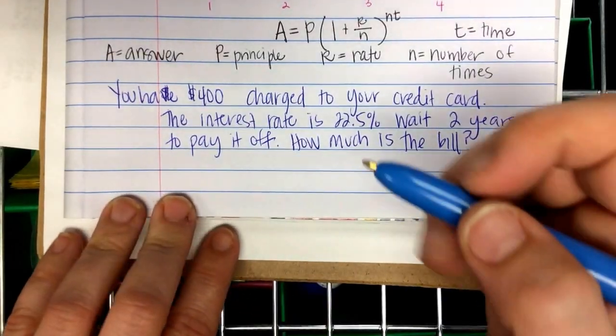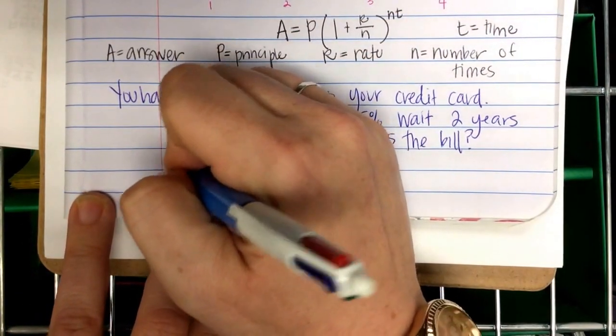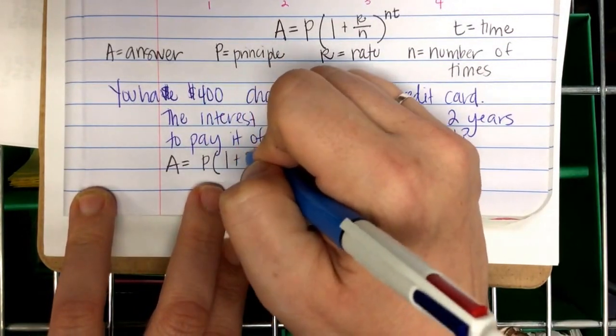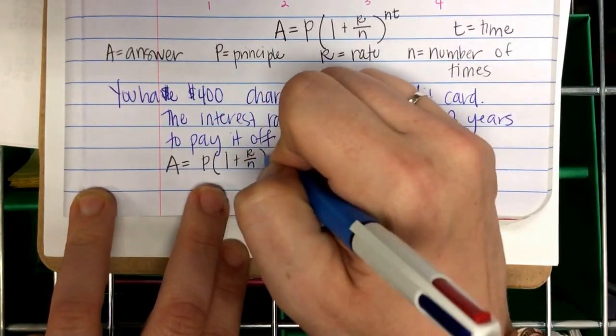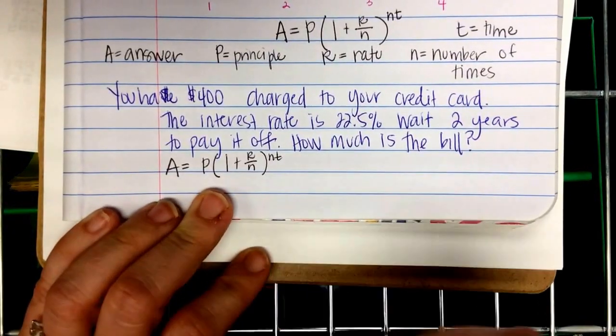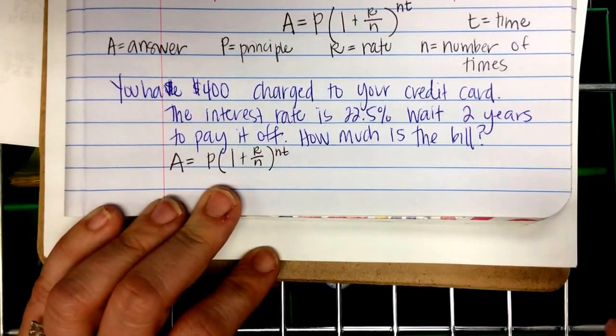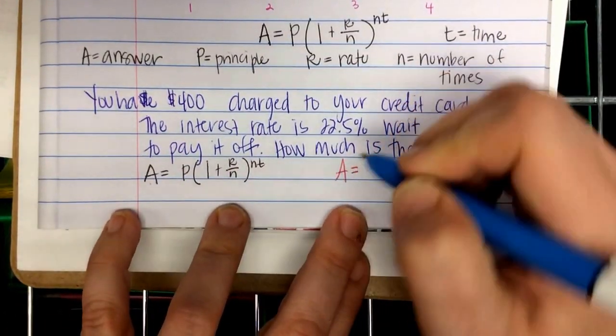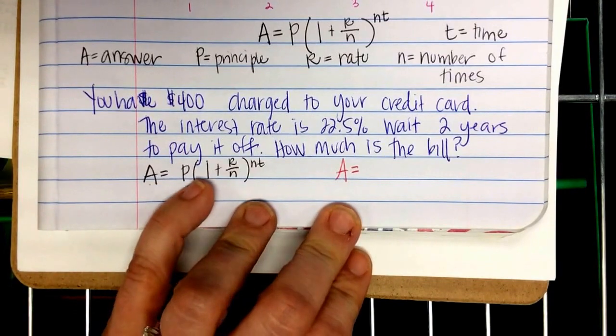So let's figure it out. My formula is A equals P times (1 plus R over N) to the N times T power. A is my answer, so I don't know what that is. P is my principal.